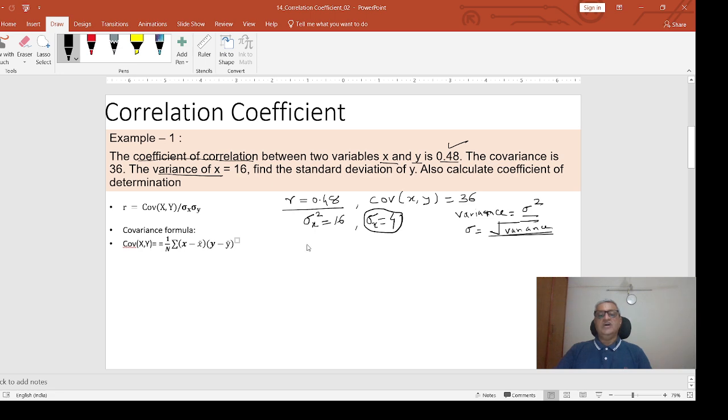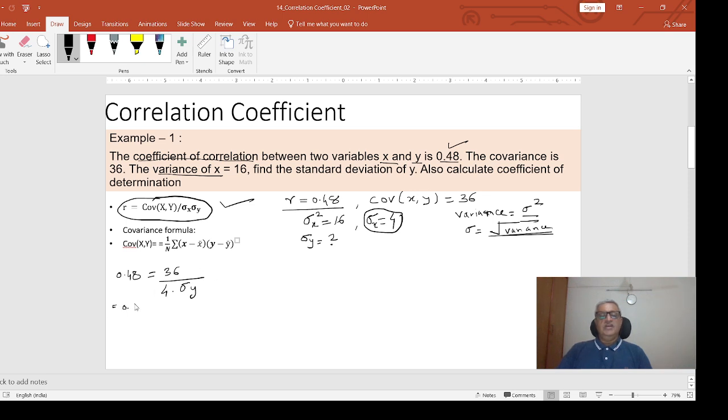And what are we asked? We are expected to find sigma y. This is pretty simple. All we have to do is put the values into this formula. So 0.48 is equal to 36 divided by 4 multiplied by sigma y.